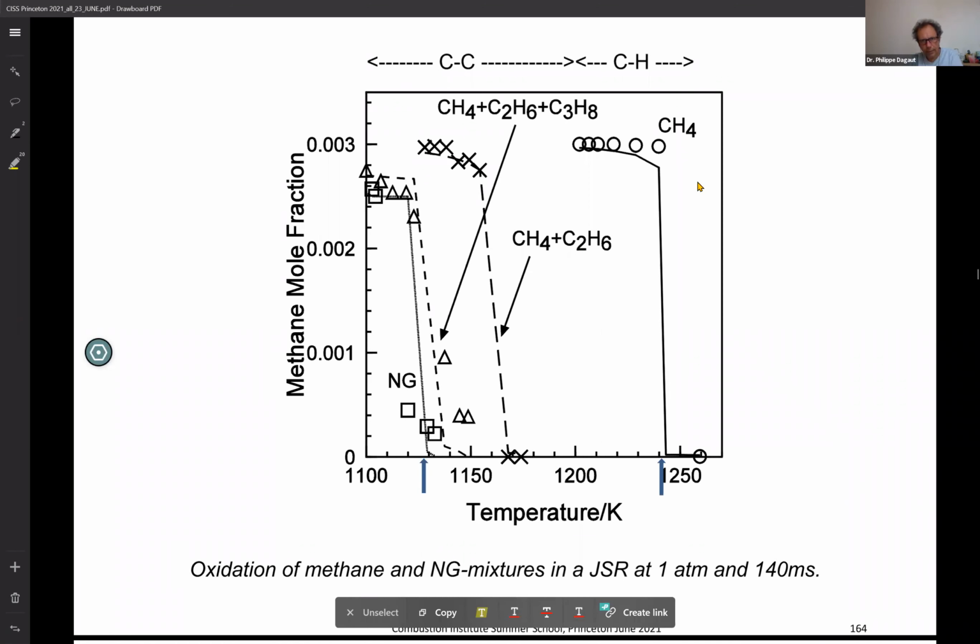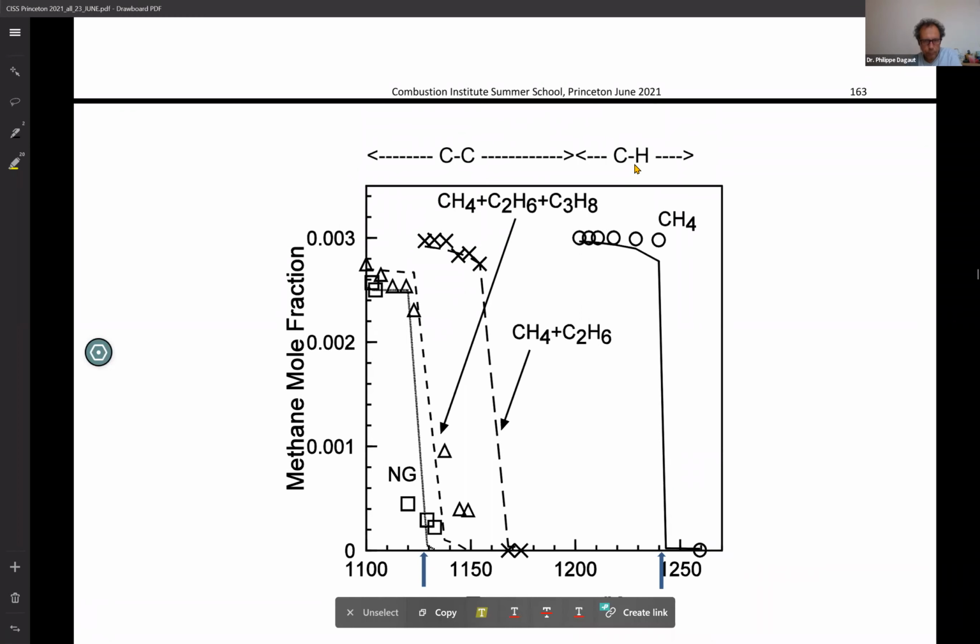Well, in the case of methane, the only possibility is to have the abstraction or bond breaking of CH bonds, which are stronger than CC bonds. And in the case of all the other fuel mixtures, you have CC bonds, which are available for breaking, and also CH bonds. And therefore, the reactivity appears at a lower temperature.